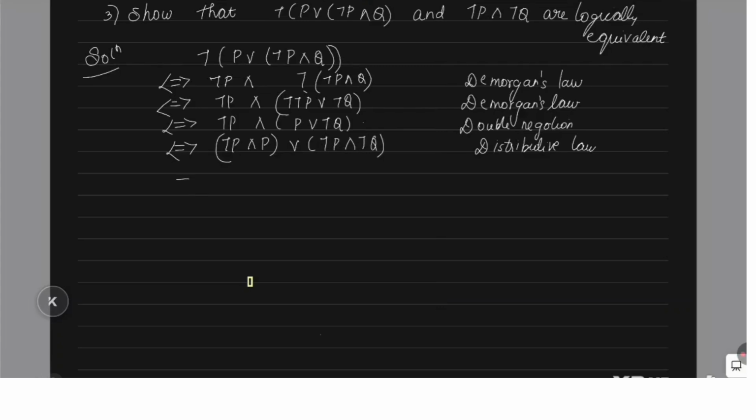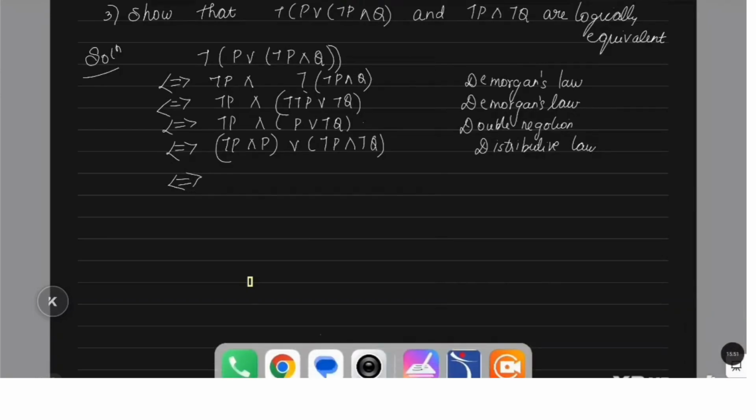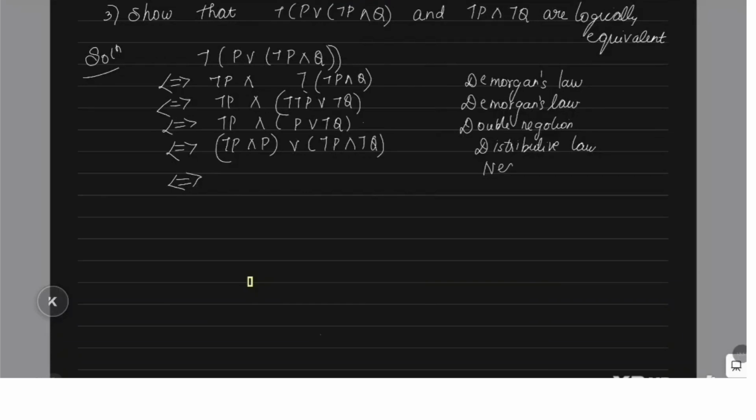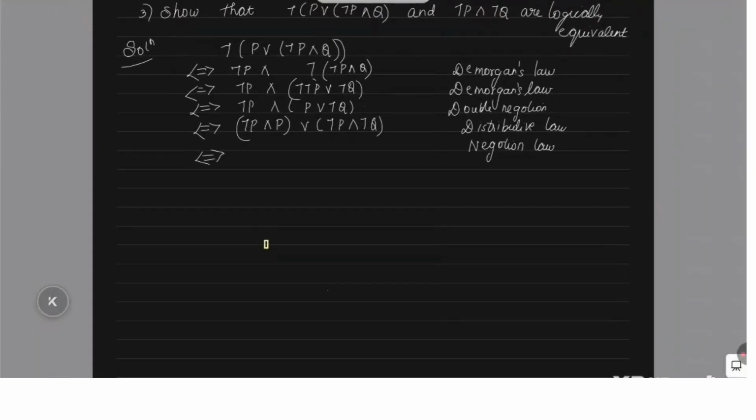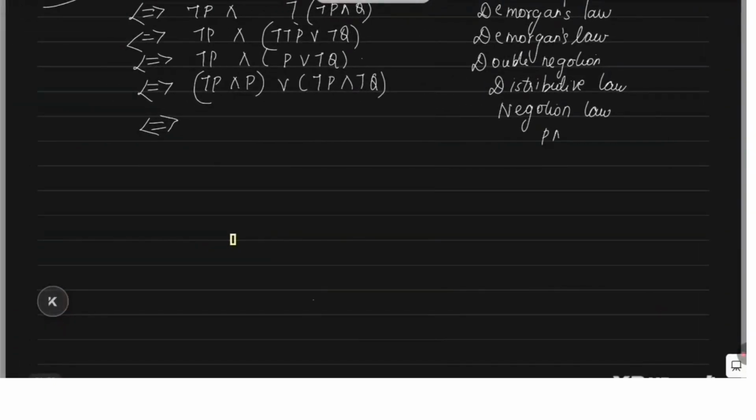Now we are going to make use of the negation law. What does negation law tell you? P and not P will be equivalent to false. Here we have not P and P, so this will be false or (not P and not Q).